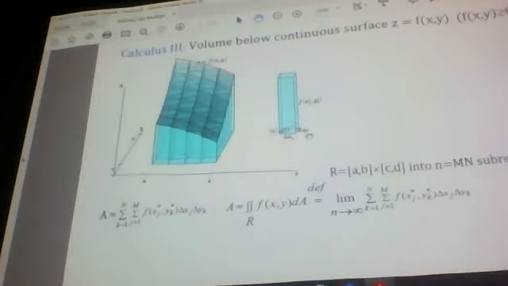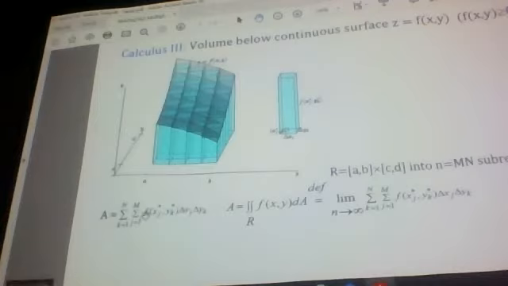You take delta xj in this direction, delta yk in this direction, at any intermediate point whatsoever, xj star, yk star, you take the height up to the surface. And you get this volume that has length times width times height, and there it is. The volume of the jkth sub-rectangular box, summed over all sub-rectangular boxes, estimates, I should put V instead of A, estimates V, the volume under the surface.